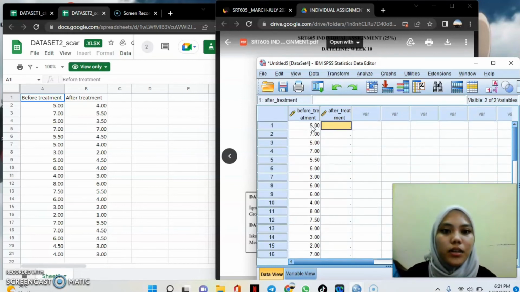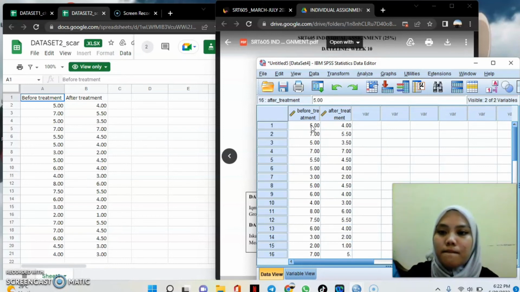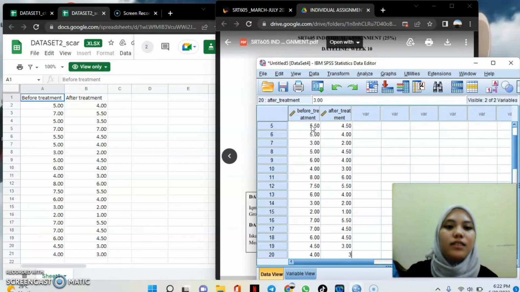For the after treatment: 4, 5.5, 3.5, 7, 4.5, 4, 2, 4.5, 4, 3, 6, 5.5, 4, 2, 1, 5.5, 4.5, 4.5, 3, and 3.